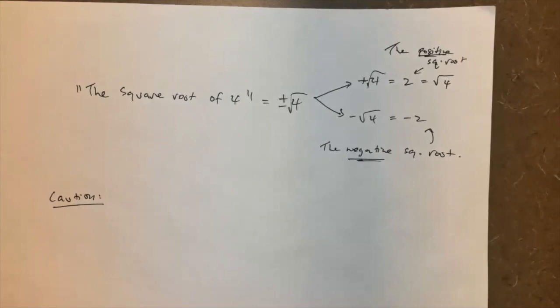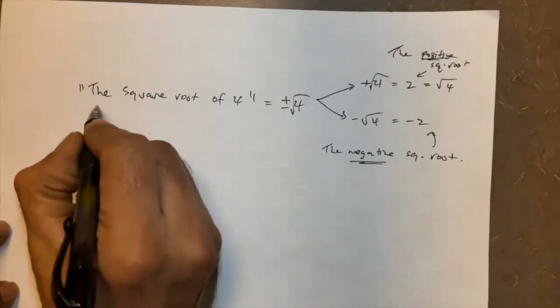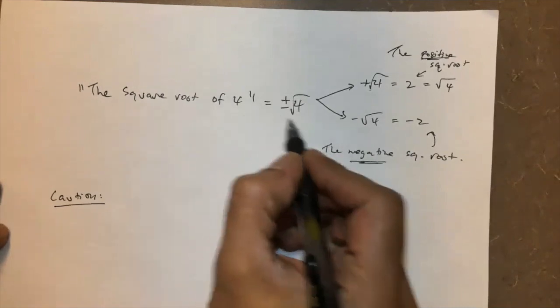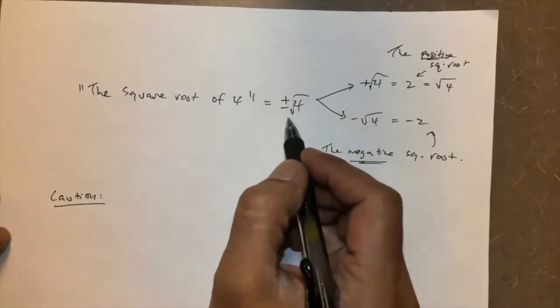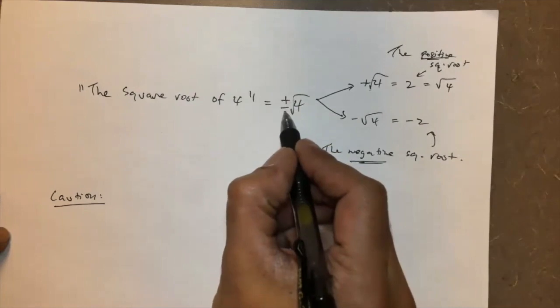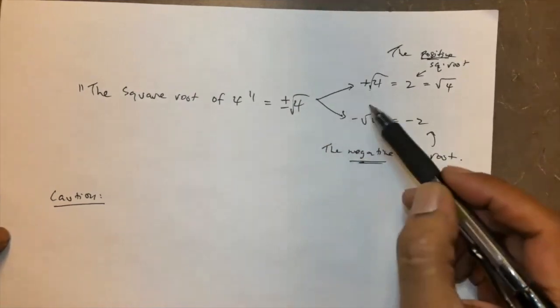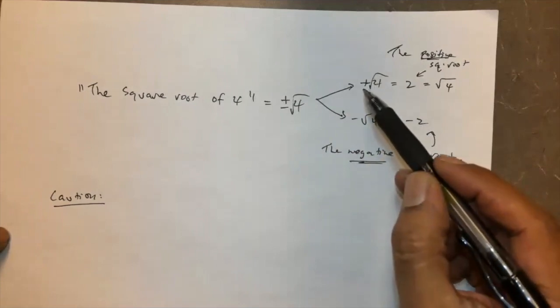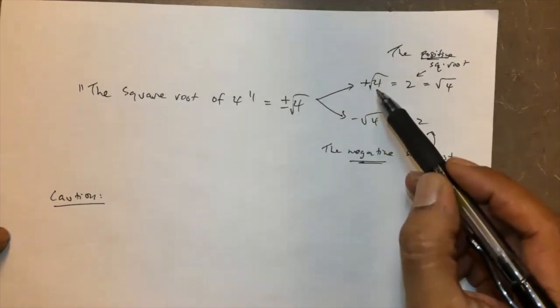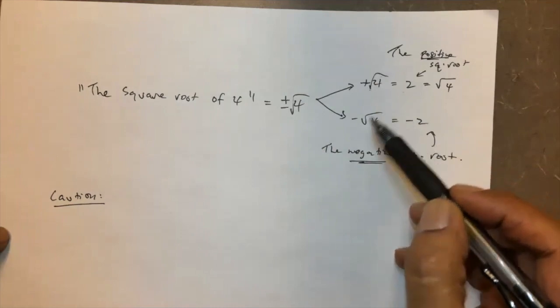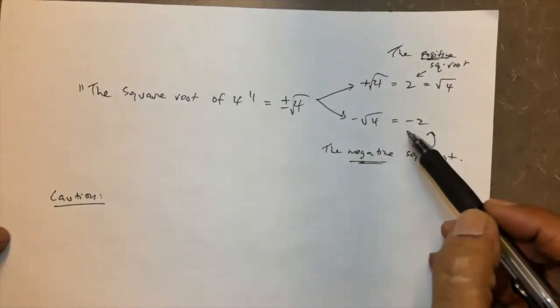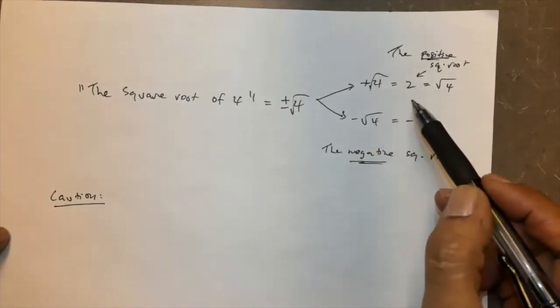For example, if I say the square root of 4, I'm referring to plus and minus root 4. There are two answers here. There's a plus root 4, which we write as 2, and there's a minus root 4, which we write as negative 2.